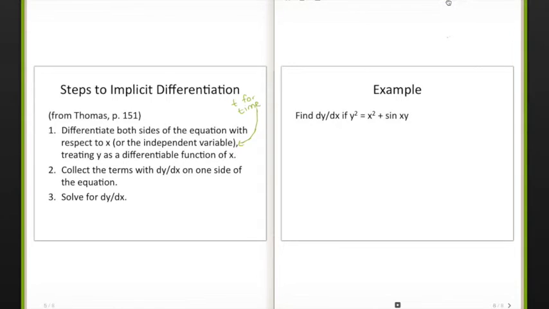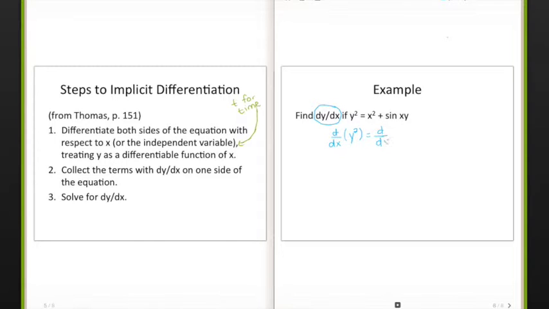And in doing this, you're going to treat y as a differentiable function of x, and that's a lot easier than it sounds, I promise. So once you've taken the derivative and differentiated both sides, you're going to collect terms with dy/dx on one side of the equation and then solve for dy/dx.